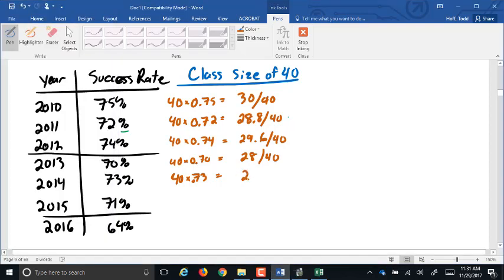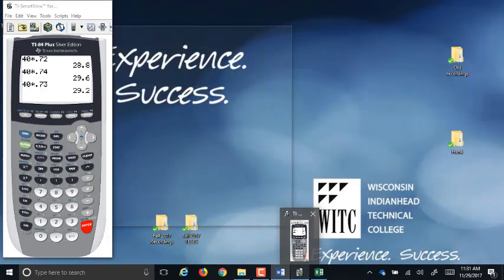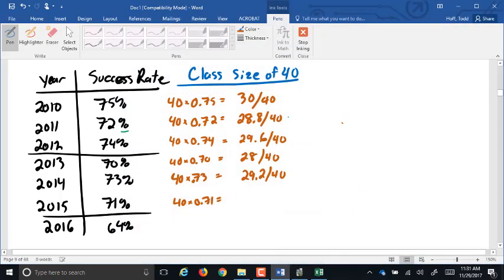As we go down through here, are we seeing much of a difference? Well, if we look at this, we're getting numbers like, 75% was 30 out of 40, 72% was 28.8, 29.6, 28, 29.2, 28.4.